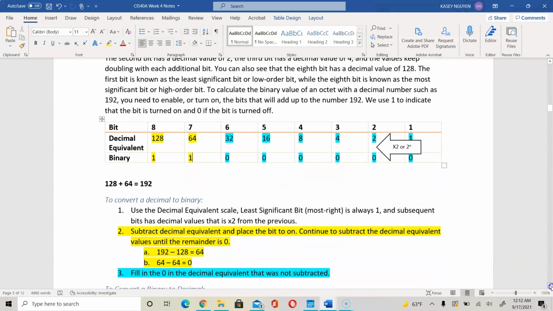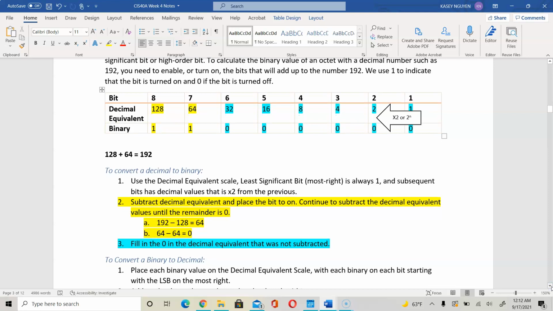To convert a decimal to binary, we would first use the decimal equivalent scale. The least significant bit is always on the right-hand side, and it's always going to be 1. The subsequent bit has a decimal value that is 2 times the previous. So we subtract the decimal equivalent, place the bit on, and continue to subtract until the remainder is 0.